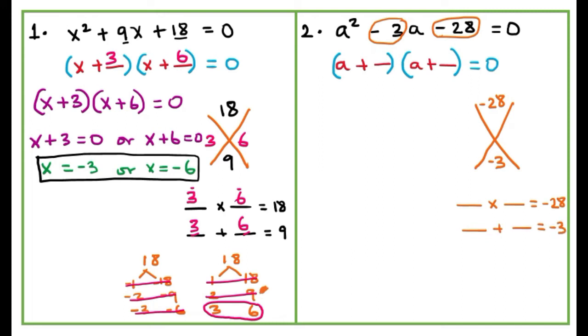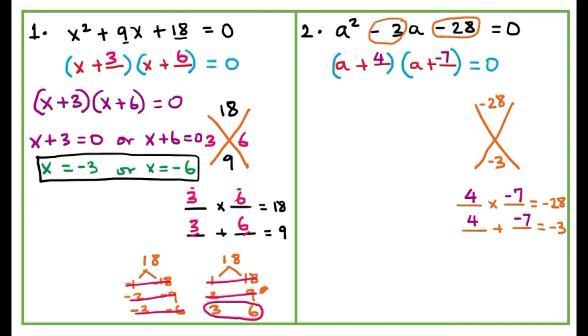As we have seen in the previous examples, these numbers will be 4 and -7. You can see that 4 times -7 we get -28, but 4 plus -7 we get -3. So we have got 4, we have got -7.